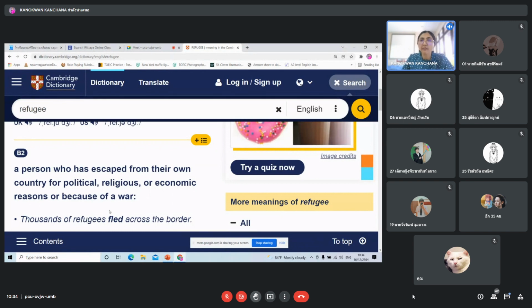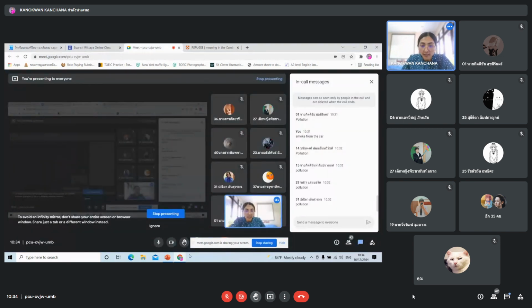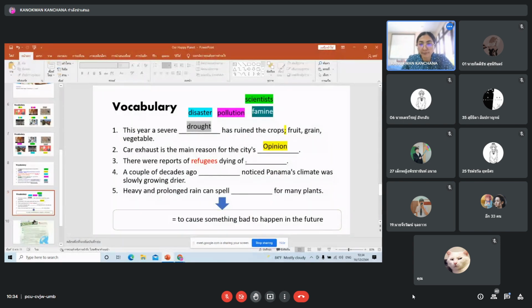They have to leave the country because of the war, and they live in other countries. So that is the refugee. So with this one, everyone, the report of the refugees that they die of what?